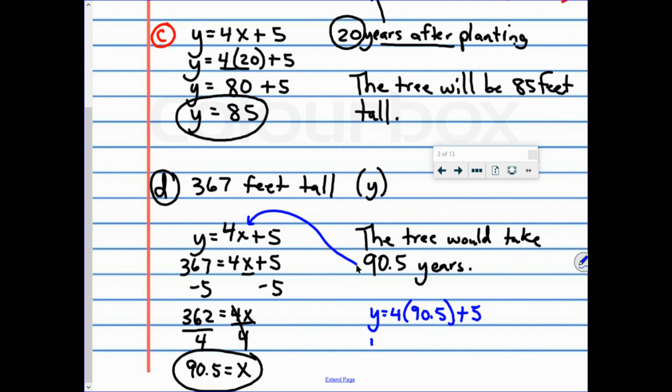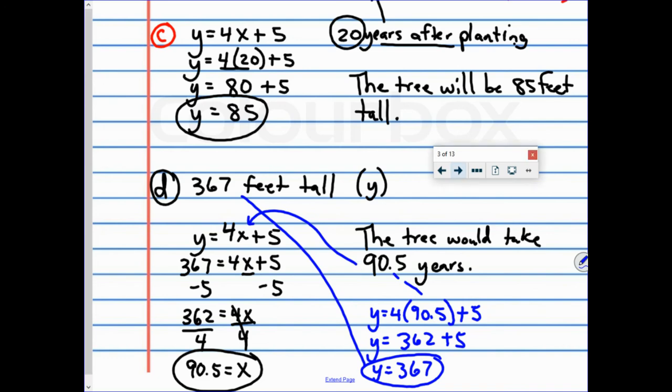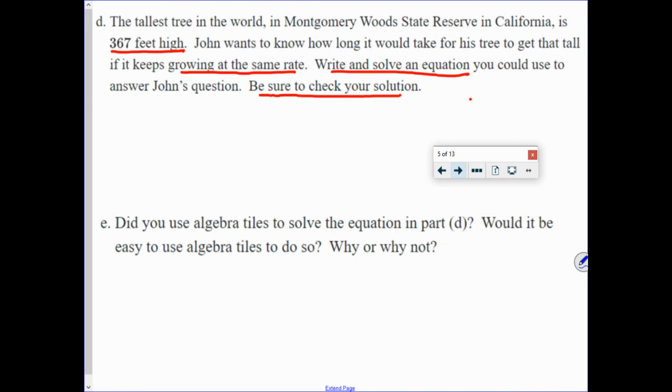I multiply this, and 90.5 times 4 would be 362 plus 5, and y equals 367, which is the answer I had at the very beginning, 367 feet tall. So that in blue is verifying your answer. Plugging in the answer you got into the original equation and solving to make sure you get the right answer, okay? All right, awesome. Cool.